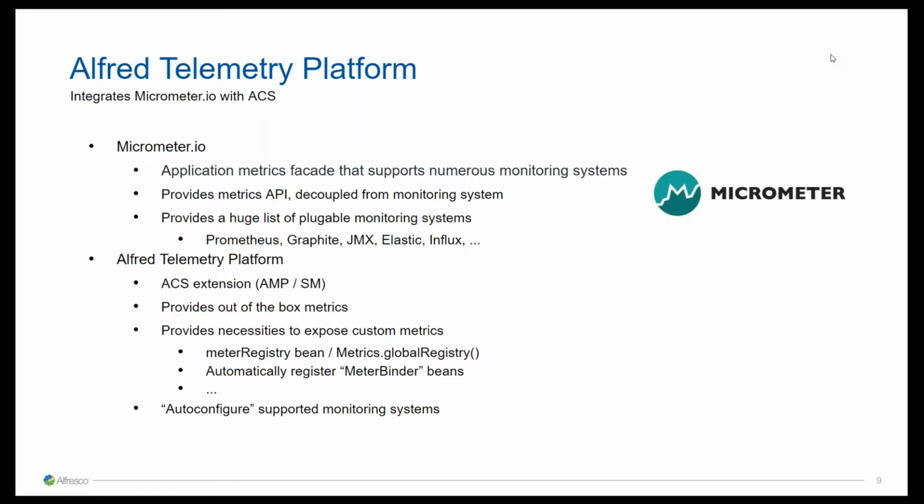Furthermore, we also scan the Spring context for meter binder beans. A meter binder is an implementation provided by Micrometer to easily expose a set of related metrics together. So what Alfred Telemetry does, it automatically registers these beans in the Spring context, so the metrics are automatically registered.